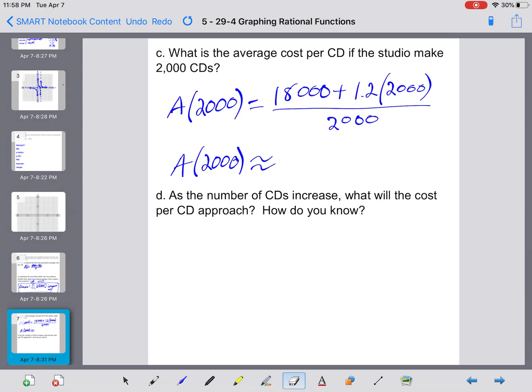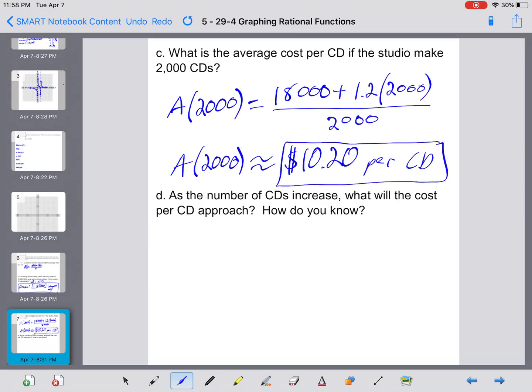And we get 10.2. So if they make 2,000 CDs, the average cost per CD is $10.20 per CD. All right, so I could give you any number there. If I want the average cost, you plug in whatever the number is for x and evaluate.